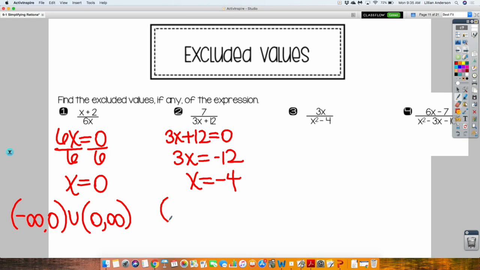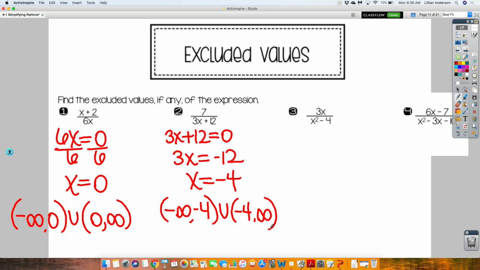You'll write it the same way, except instead of a 0, you would have a -4. So negative infinity to -4, union -4 to infinity, with parentheses around everything. Remember, the parentheses mean what? It's not defined there, which makes sense because -4 would give me 0 in the denominator.